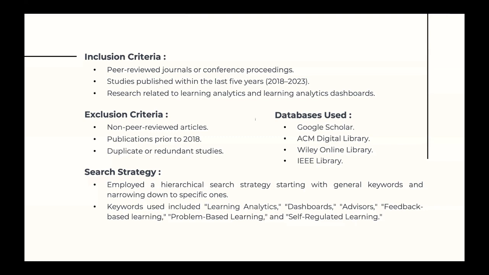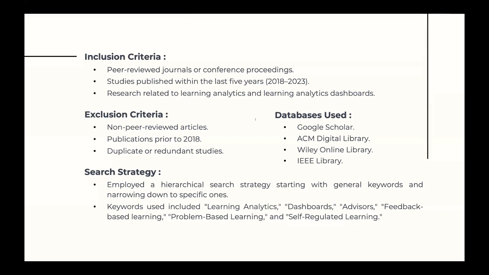So our search strategy involved a hierarchical approach, commencing with broad keywords and progressively refining them for specificity. Keywords such as learning analytics dashboards, advisors, and feedback based learning, as I previously explained in the previous slide, were employed.